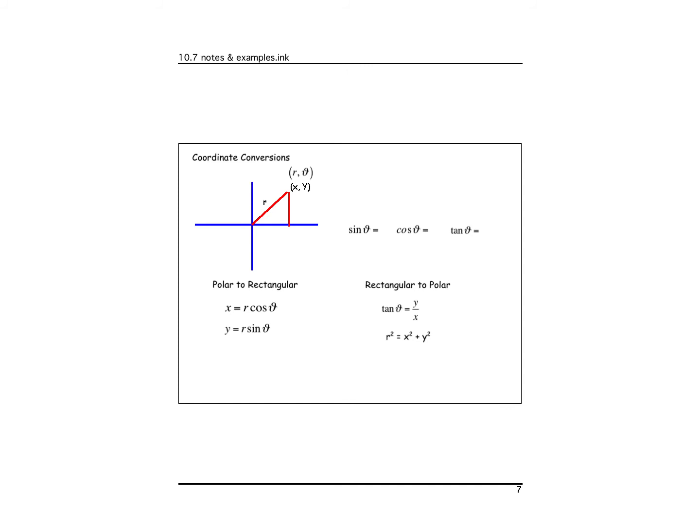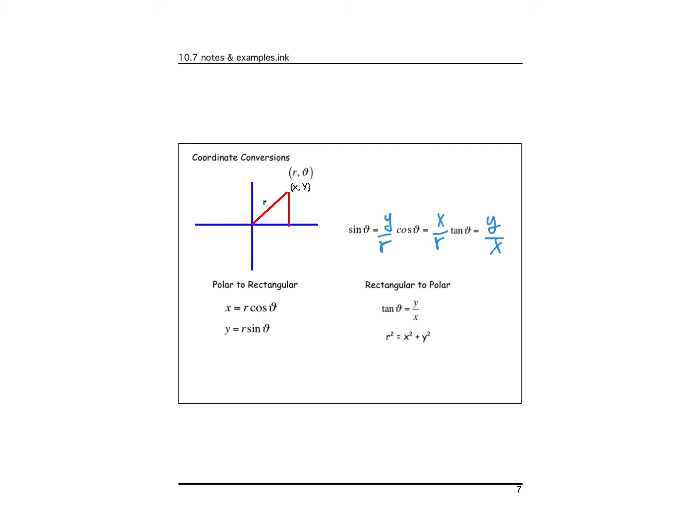because, from our triangle, sine theta was equal to y over r, or opposite over hypotenuse. Cosine theta was equal to x over r, or adjacent over hypotenuse. And tan is your y over your x.